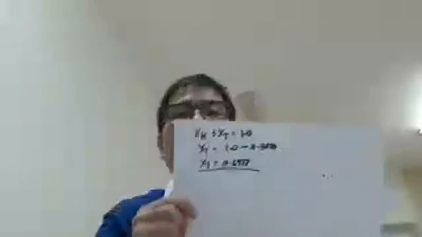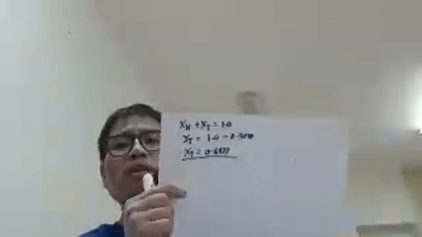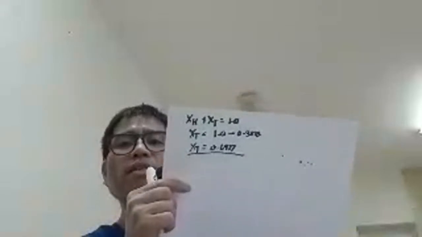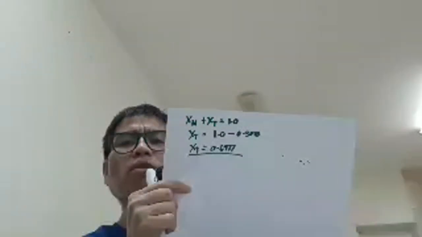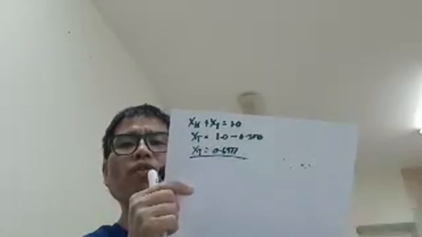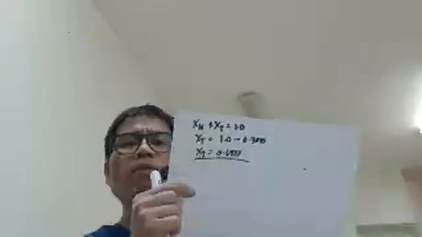If this fails, we go back to the original mole fraction formula, right? So X heptane plus X toluene equals 1. The mole fraction of heptane plus the mole fraction of toluene equals 1. Therefore, we conclude that 0.3023 is the mole fraction of heptane.